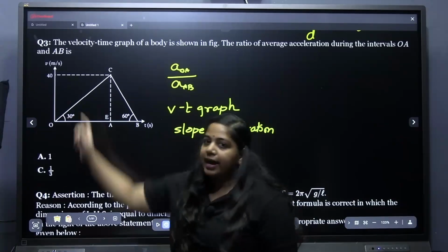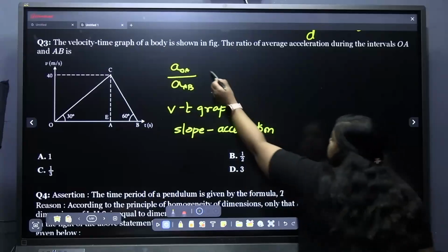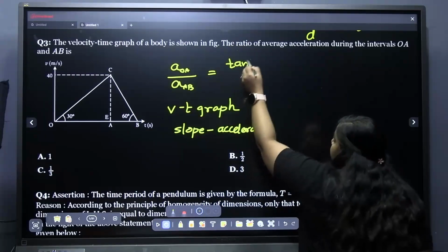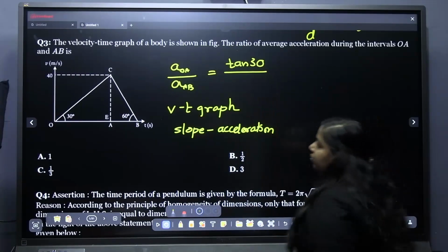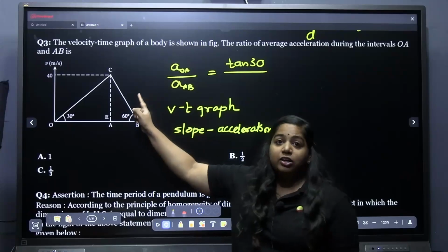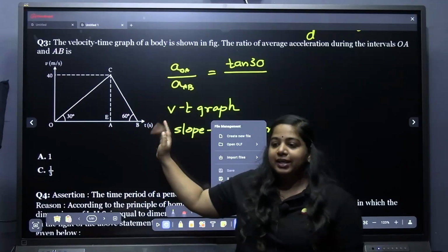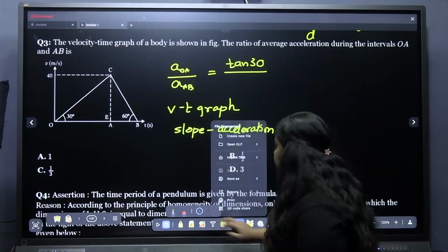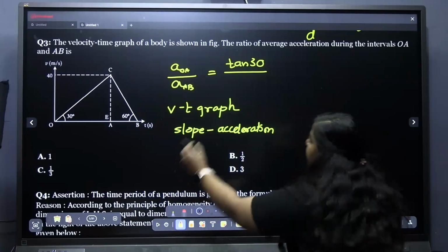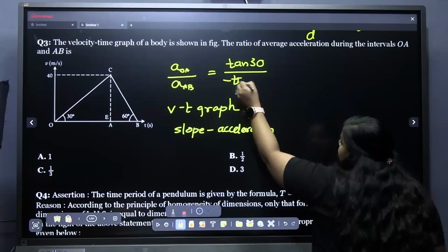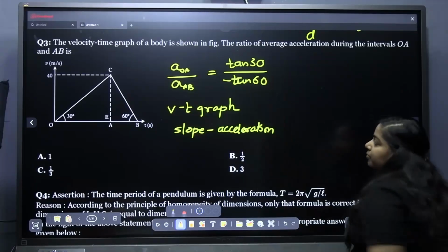Here you can see angle 30 degree. So this will be equal to tan 30 divided by, here the angle is taken in clockwise. Anti-clockwise positive angle, clockwise negative angle. So here we have to take minus tan 60.